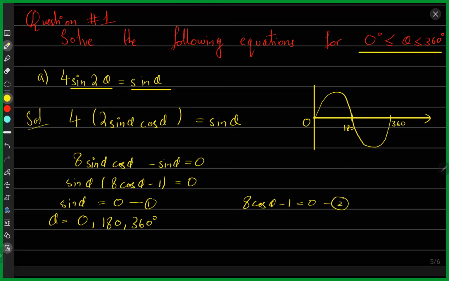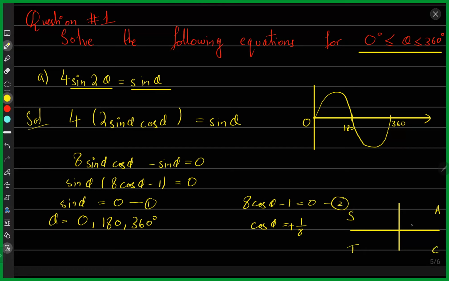So these are correct. And if I talk about the other one, so cos theta is equal to 1 by 8, it is positive. I'll talk about the quadrants now. It's the first quadrant, the second one, third, and fourth.